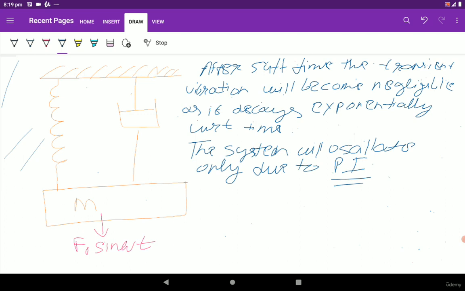So we can discuss one more topic here, that is magnification factor. So let me start.